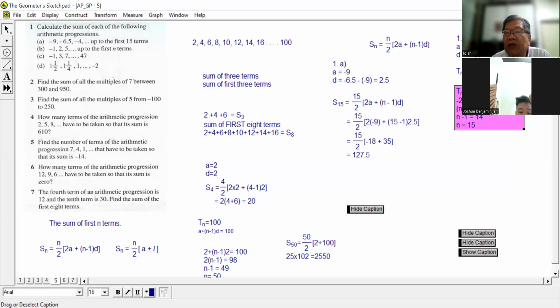I didn't multiply the negative 0.25 inside the n minus 1. Why? Because if I multiply the negative decimal inside, it will be very complicated, negative then decimal some more, right? So I just keep it in the bracket form.